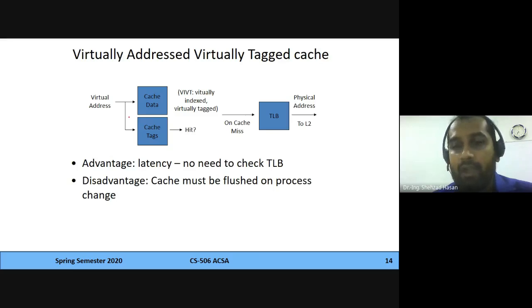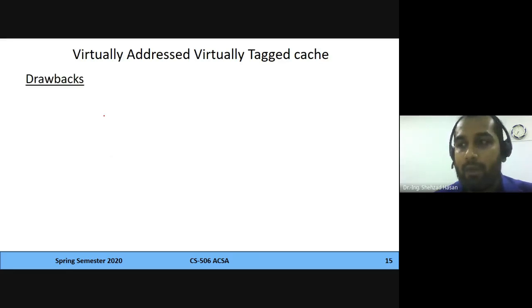Because it's not working on physical addresses, it's working on virtual addresses, and two programs can have the same virtual addresses. So whenever you have a process change, you need to invalidate everything in the cache, because it's going to start again. This is the main disadvantage of this.